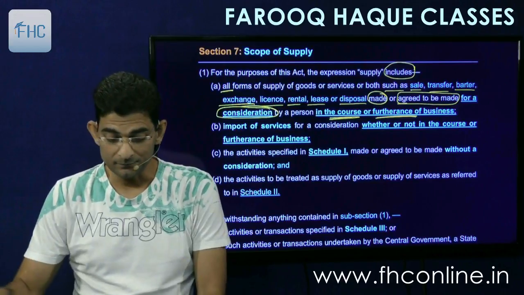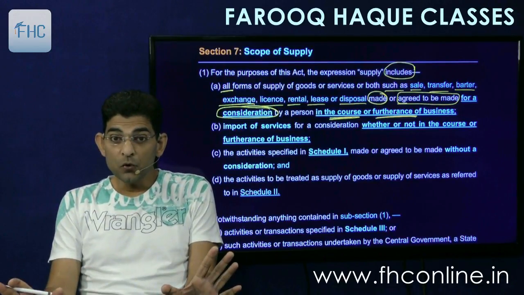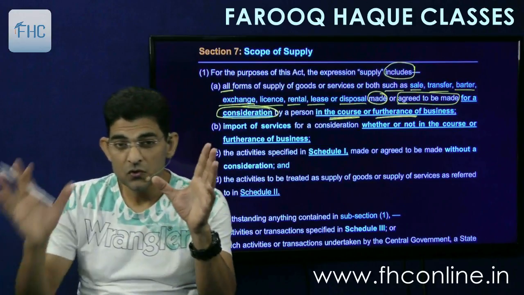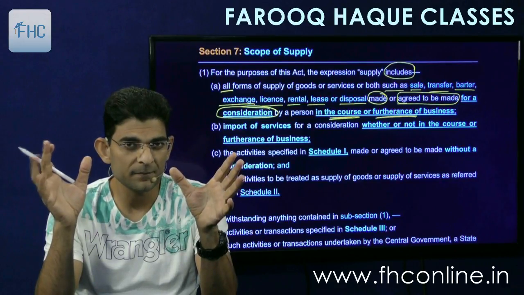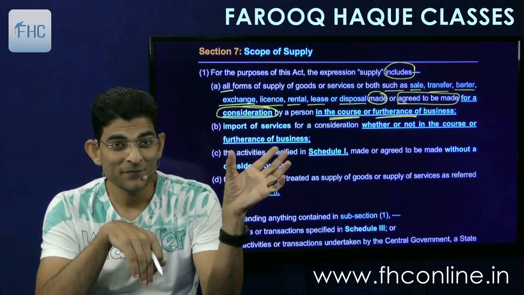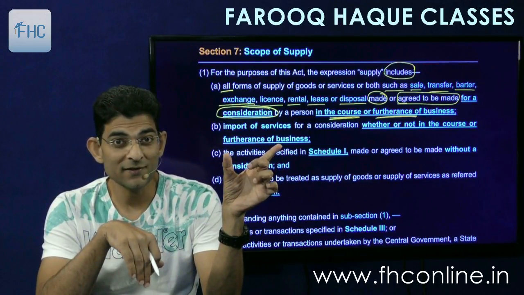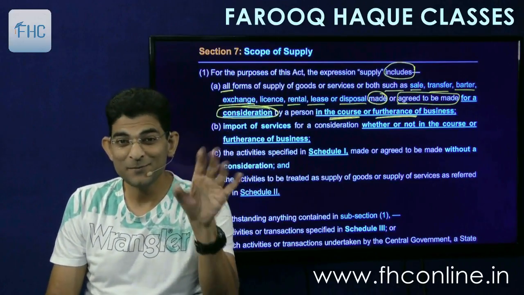Okay, so let's see. Clause B says import of services. Now this is one area which you have to be very much aware of, or rather beware of, like those captions you find in front of homes, beware of dogs. If you don't take care of that, then you can be bitten.